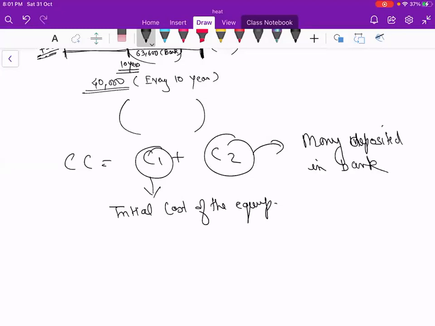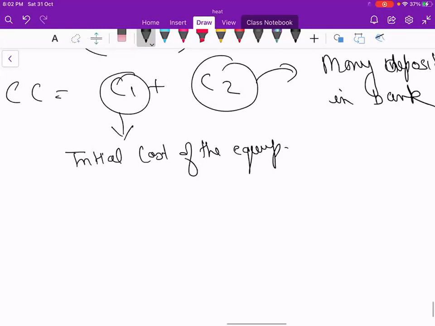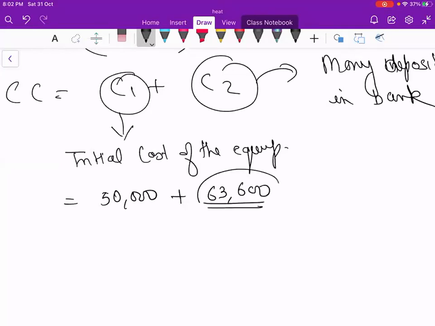So from this section you can see how much you are getting: 50,000 rupees for the new equipment and 63,600 deposited in the bank. And from interest, how much money are you getting? 40,000 rupees.